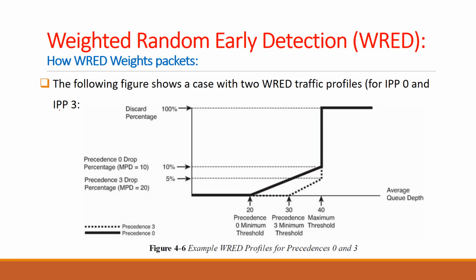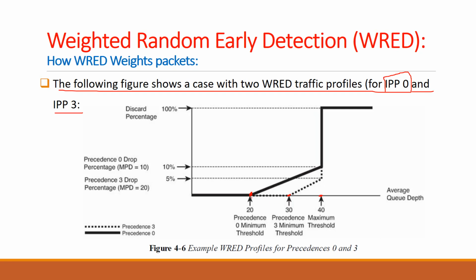The following figure shows a case with two WRED traffic profiles, one for IP precedence 0 and the second for IP precedence 3. The default minimum threshold for IP precedence 0 is 20, and the minimum threshold for IP precedence 3 is 30. The maximum threshold for both IP precedence 0 and 3 is 40.